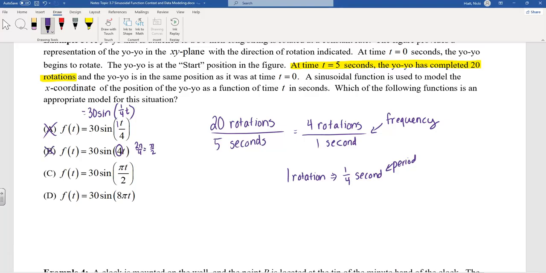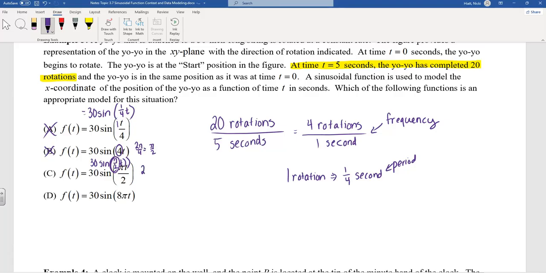Okay. This one also is a little tricky, but this is 30 sine of pi over 2 times t. So that B value is pi over 2. So even though that t is in the numerator, t is your variable, right? So it can be pulled over to the side instead of being put in that numerator.